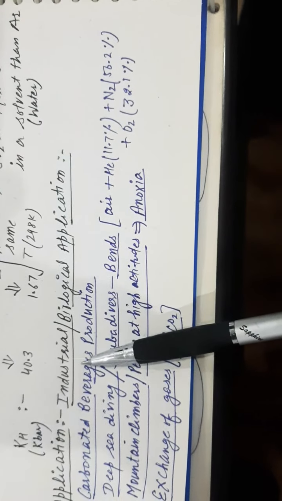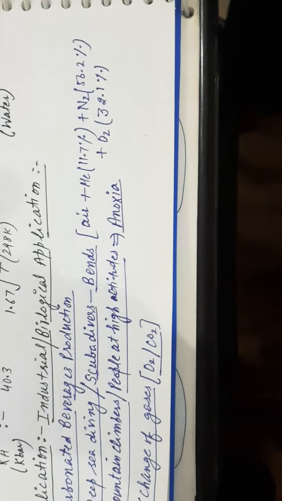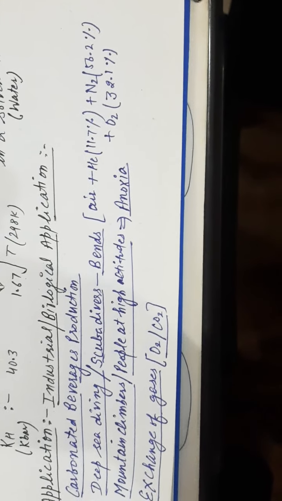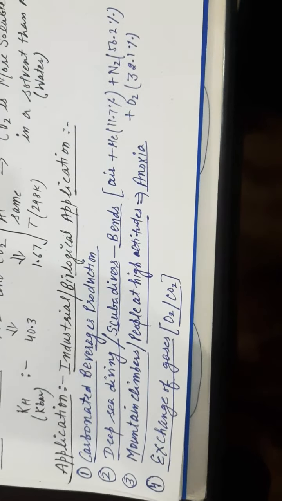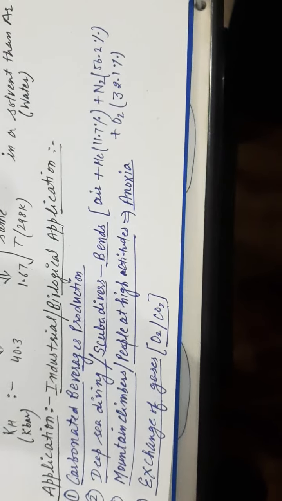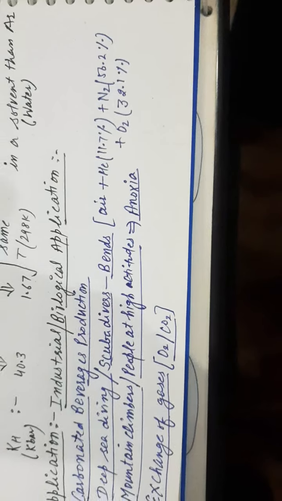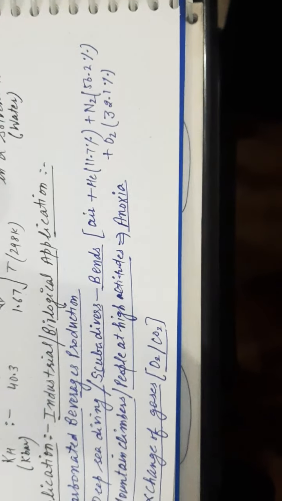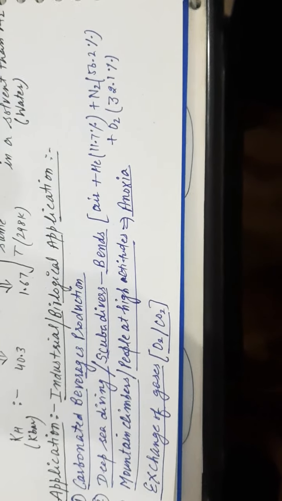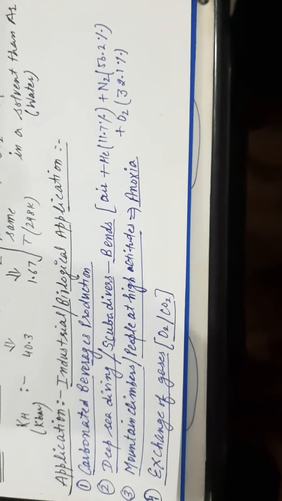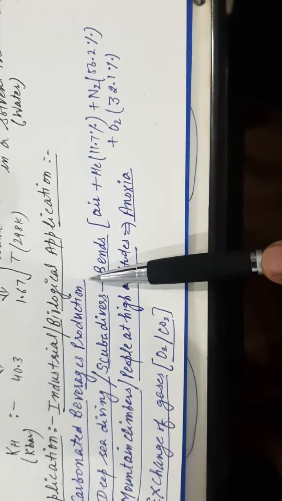So let's start with industrial applications. The first one is carbonated beverage production. Carbonated beverages means soft drinks or cold drinks, which are under the concept of Henry's law. To increase the solubility of CO2 in soft drinks or cold drinks, the bottle is sealed under high pressure. So this concept is based on Henry's law of solubility.